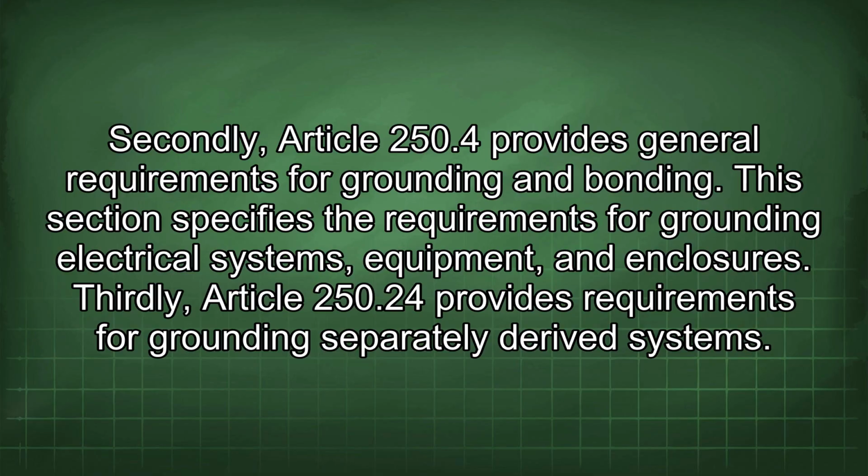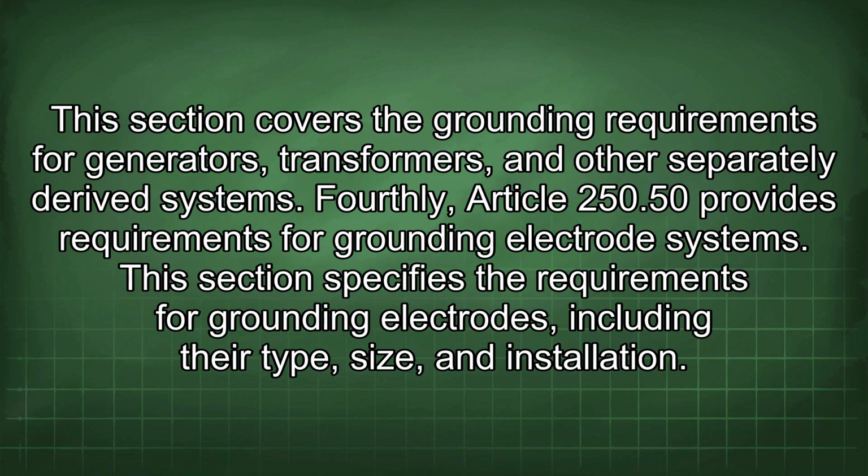This section specifies the requirements for grounding electrical systems, equipment, and enclosures. Thirdly, Article 250.24 provides requirements for grounding separately derived systems. This section covers the grounding requirements for generators, transformers, and other separately derived systems.